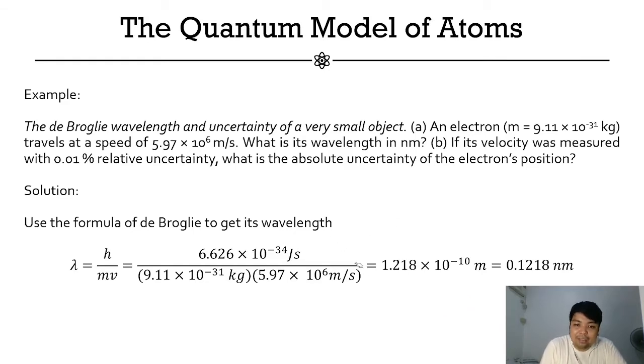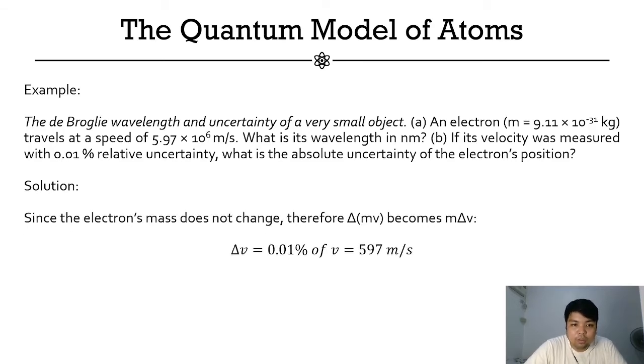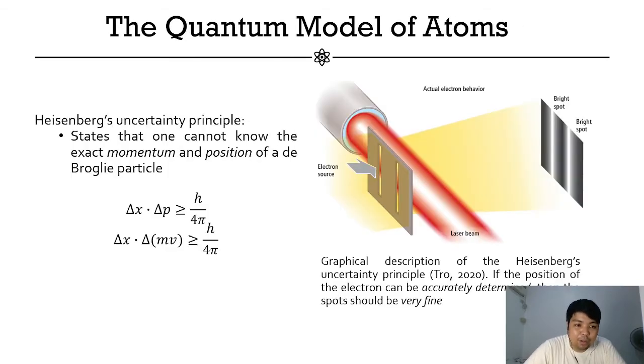So let's try answering letter B. We know that in Heisenberg's uncertainty principle, the product of the uncertainty in position and the uncertainty in momentum should not be less than h over 4 pi.